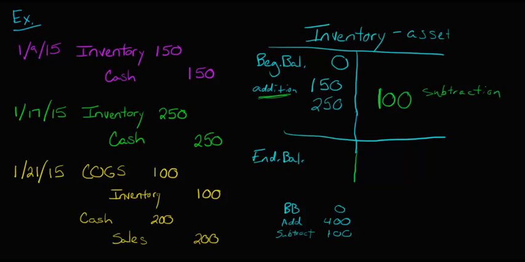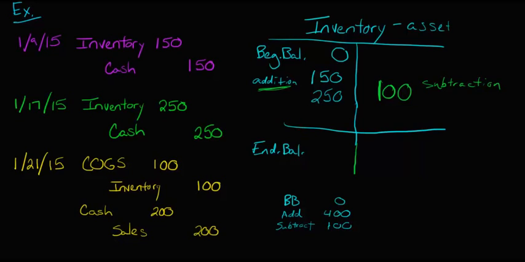What does that leave us with? What's our ending balance, our EB, we'll call it? Put the subtraction in parentheses because it's negative. We're actually getting rid of it. So we start with 0, we add 400, 0 plus 400 minus 100. That gives us 300. So our ending balance in inventory is going to be 300.